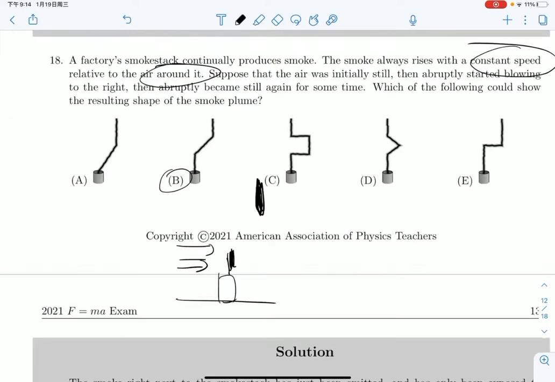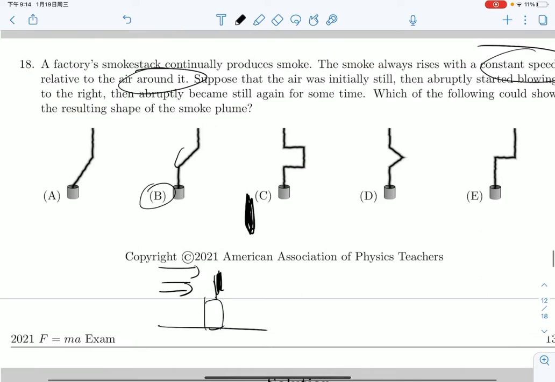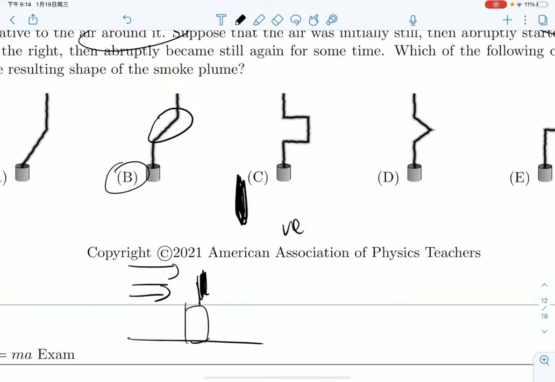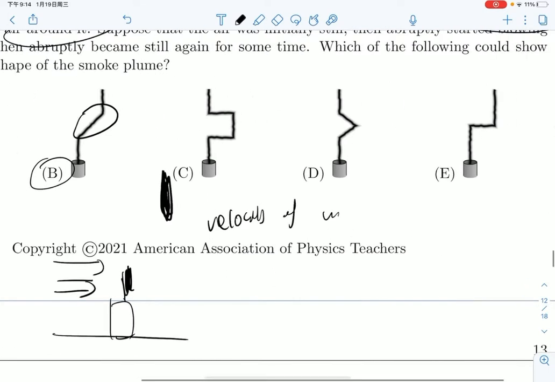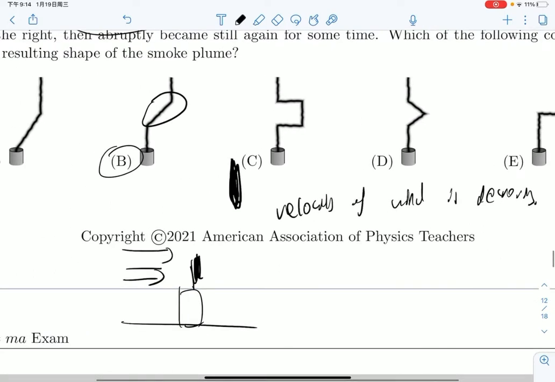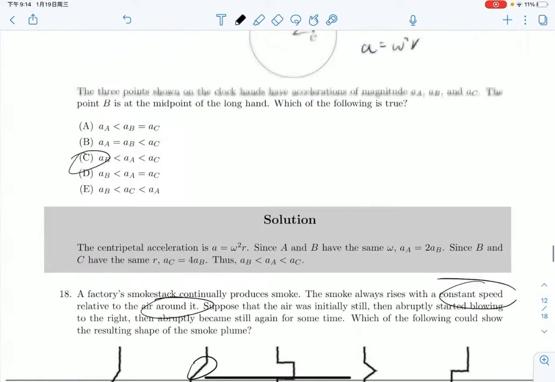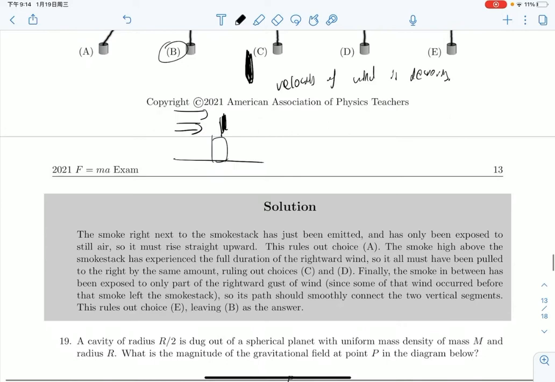And for this part, you can see that the velocity of the wind is decreasing. I think this part, you guys just read.